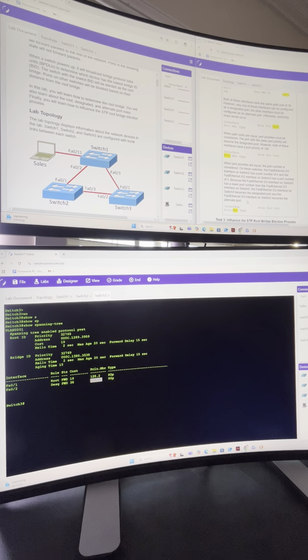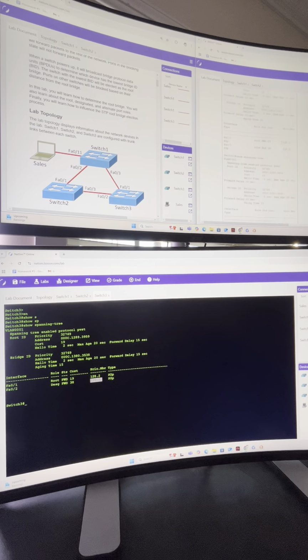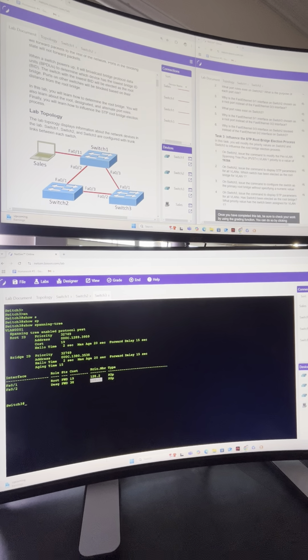So that's exactly what I just explained. We took a look at those priority numbers within our output. Now, task 3, it says influence the STP root bridge election process.